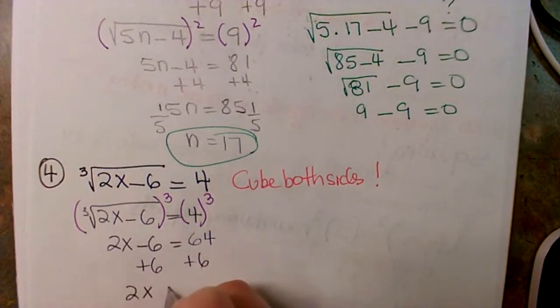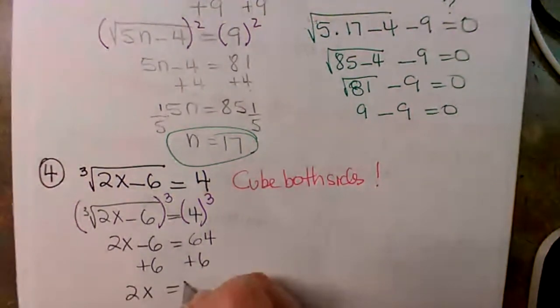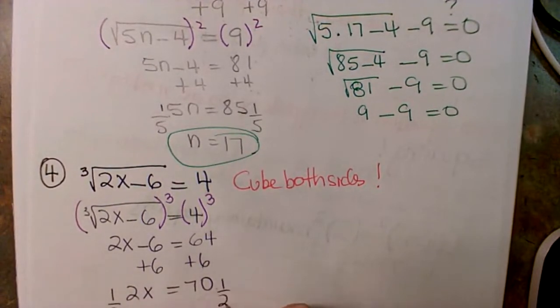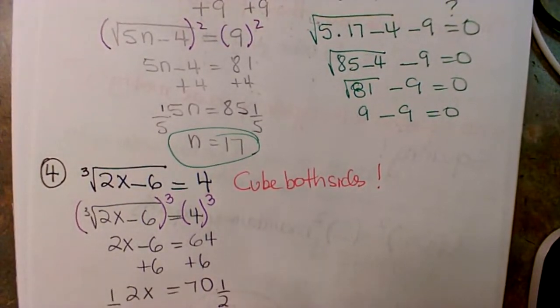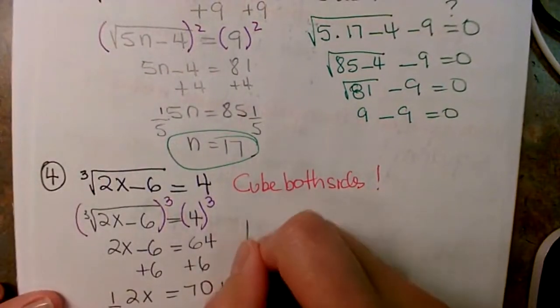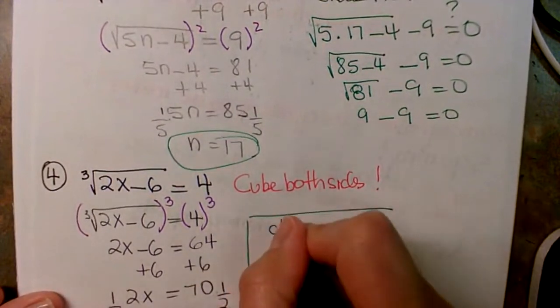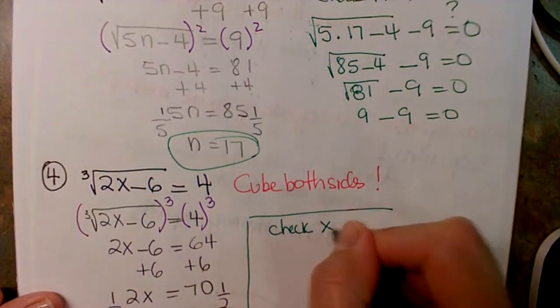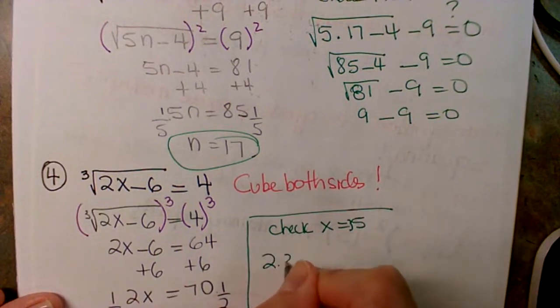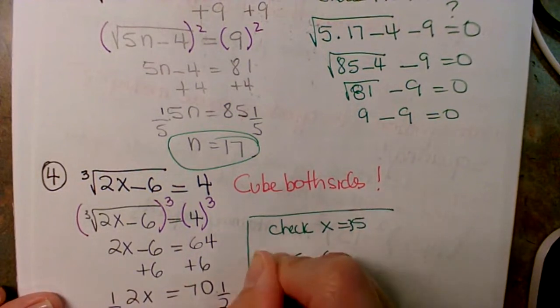So this is 2x equals 70, right? x equal to 35. And we're going to check that. So it's 2 times 35 minus 6.